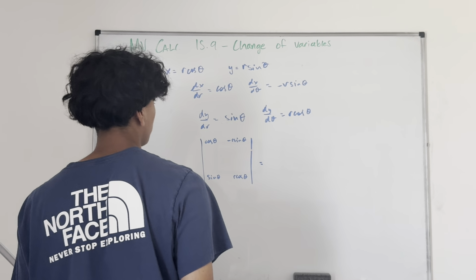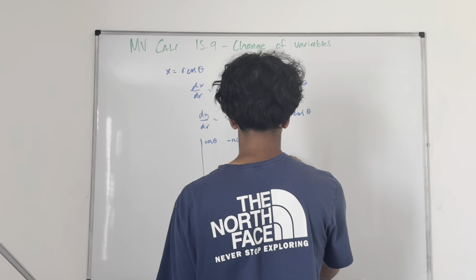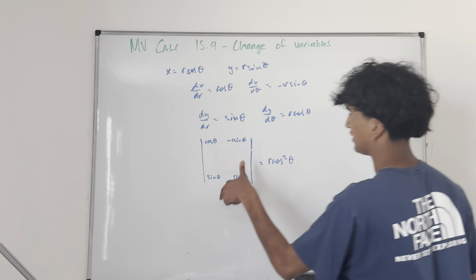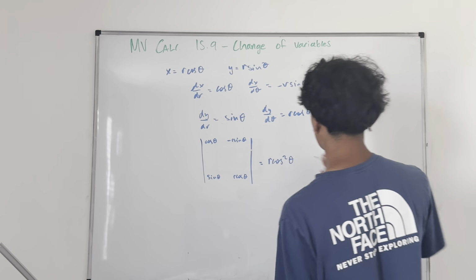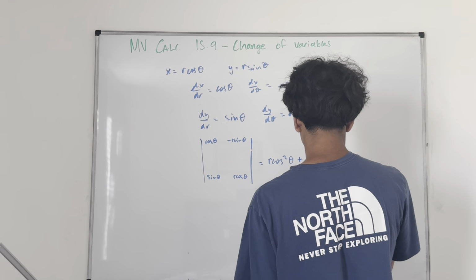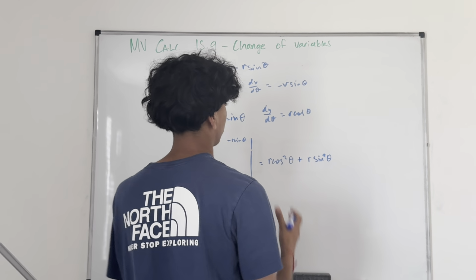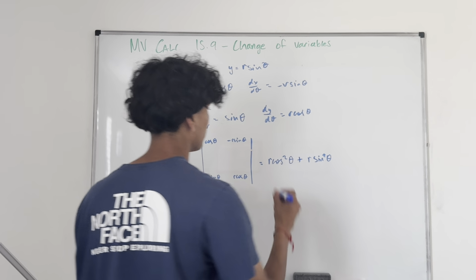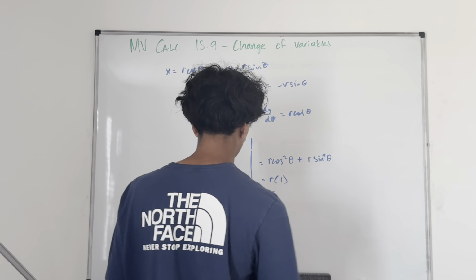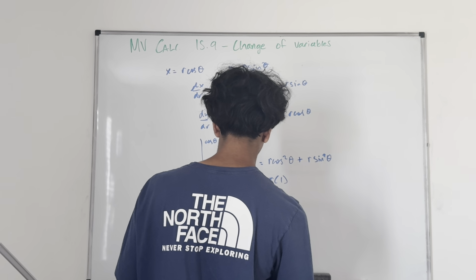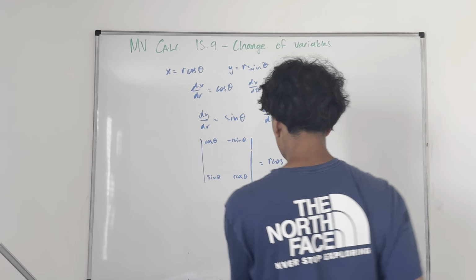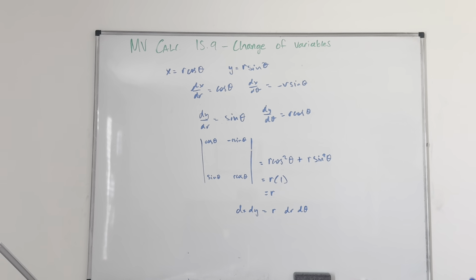If I take the determinant, I get r cosine squared theta when I multiply the two cosines, minus, because when you take the determinant you do minus, but then negative again, so plus r sine squared theta. Then you can factor out the r and you get a Pythagorean identity. So this just becomes r times 1, or r. That's why dx dy is equal to r dr d theta. The Jacobian is r. That's a term that goes in front.